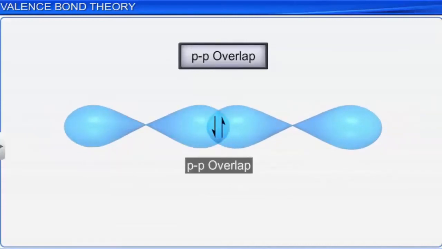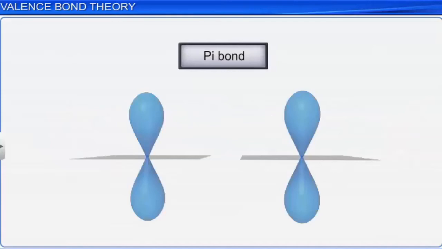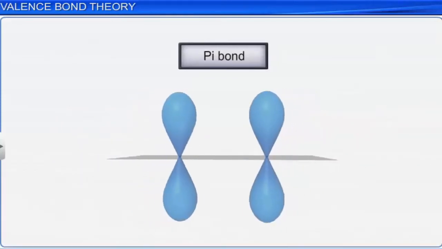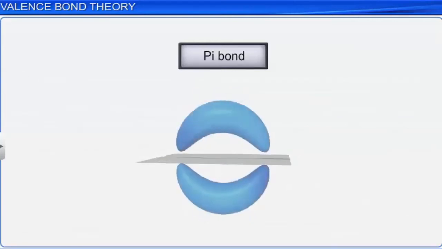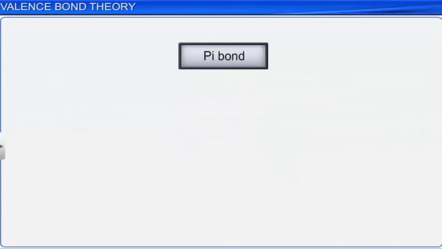A pi bond is formed when atomic orbitals overlap in such a way that their axes remain parallel to each other and perpendicular to the internuclear axis. The pi orbitals formed due to the sidewise overlap consist of two saucer-type charged clouds above and below the plane of the participating atoms.